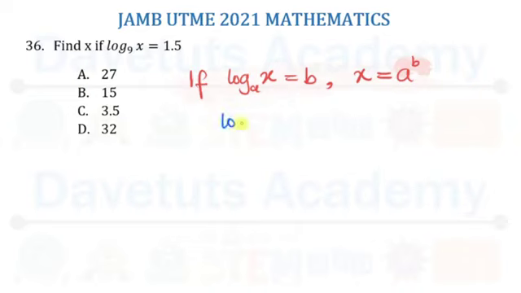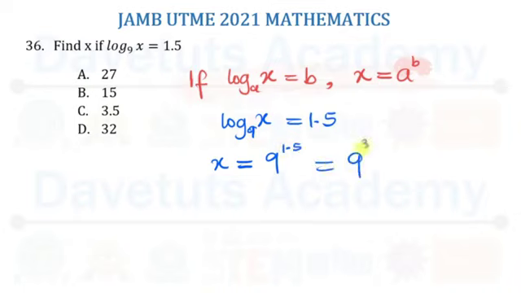In this particular case, we just want to apply that directly. For log x to base 9 giving us 1.5, x that we are looking for is 9 raised to power 1.5. So 9 raised to power 1.5 is 9 raised to power 3 over 2. Let's factor this out.